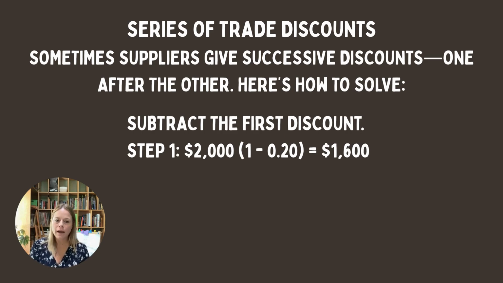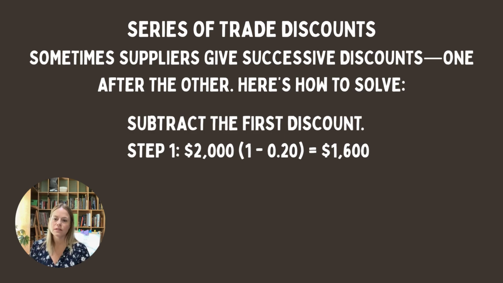So you have the list price of $2,000, and you would multiply that by 1 minus 0.2. Since that is in parentheses, remember to always do that first as the order of operations, and you would get an answer of $1,600 for the first discount.